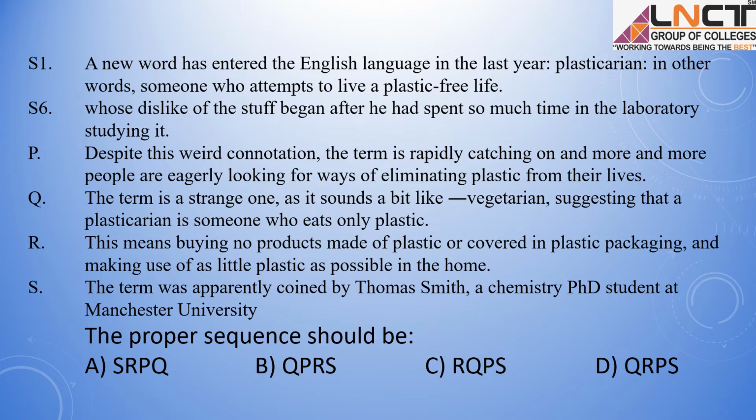And the sentence S says that the term was apparently coined by Thomas Smith, a name. So S will come right before S6. So we have the order. We have S1 followed by R followed by Q, P, S and S6.